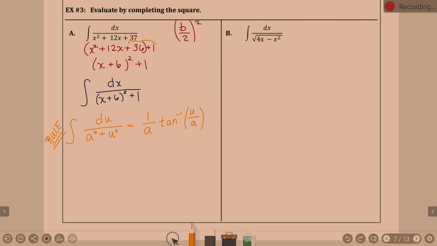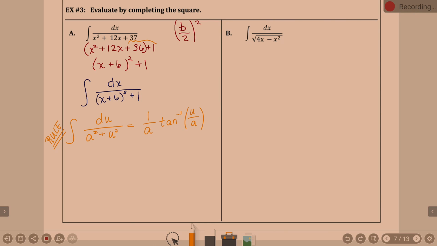Cool. Now, with that in mind, in order to write this answer, what are u and a? A is x, u is 6. A is 6, u is x. No. A is x plus 6, u is 1. Flip that, only because u represents the variable.